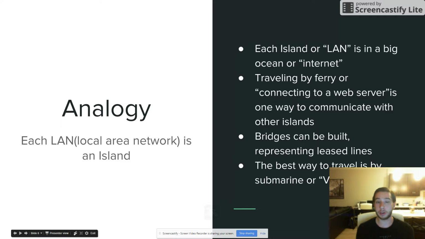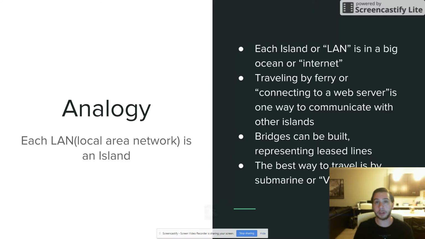There's an analogy that goes along with the history of VPNs and helps people understand how useful they are. Think of an ocean with a bunch of islands in it. The ocean would be the internet, and the islands would be local area networks. There are a few ways to travel between the islands.